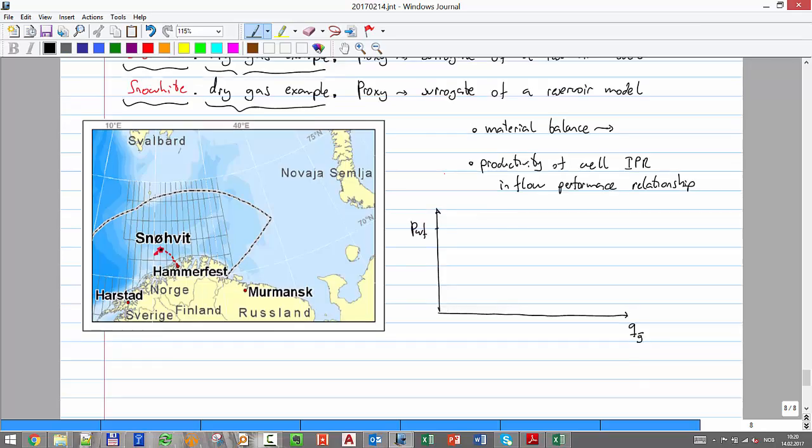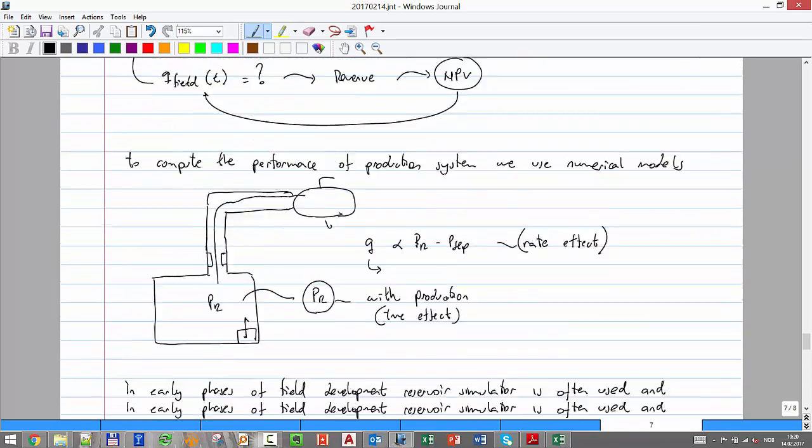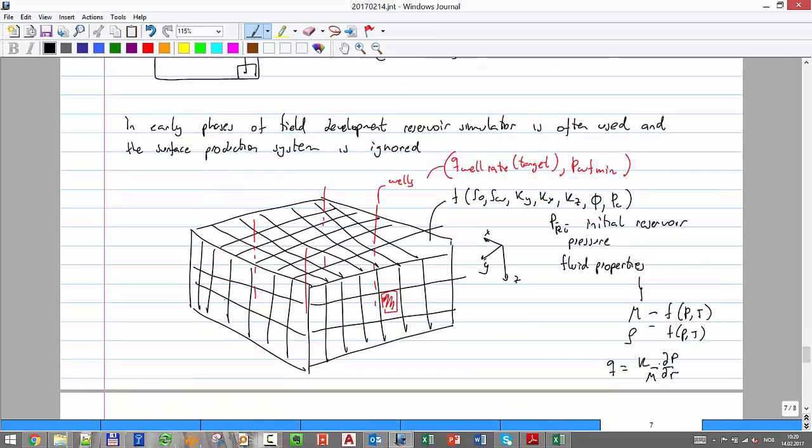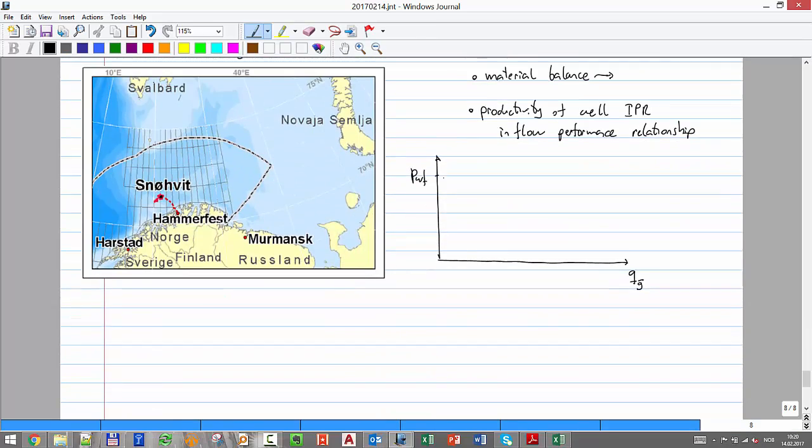If you apply a certain pressure, exactly here, what will be the rate that you are going to get? And for gas, it looks something like that. What happens when you don't have any flow? Which pressure should you get in the IPR? Just reservoir pressure, right? At that particular time.